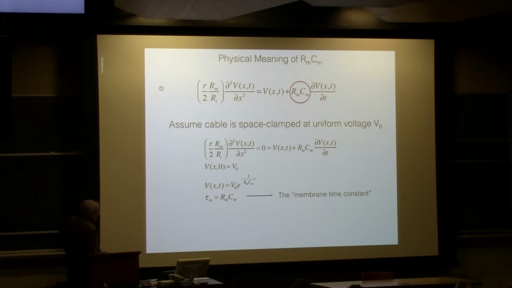So let's take our cable and imagine that we have the same capabilities of Hodgkin and Huxley, who, as you know, chose to work with the giant squid axon because it's big.